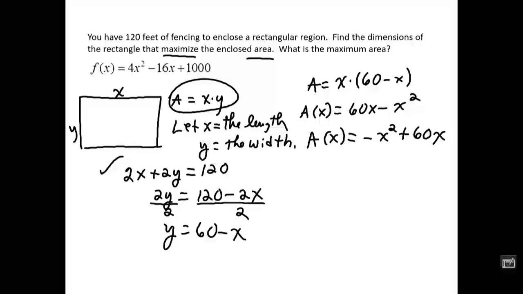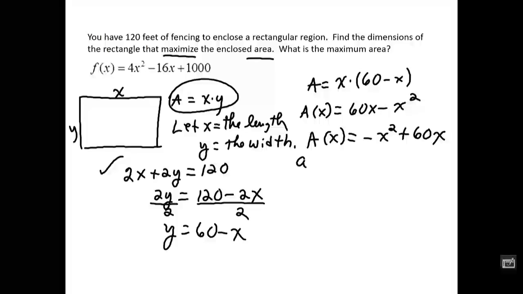Now we want to actually determine the dimensions as well as compute the maximum area of this rectangle. So we know that in this example, let's use what we know.